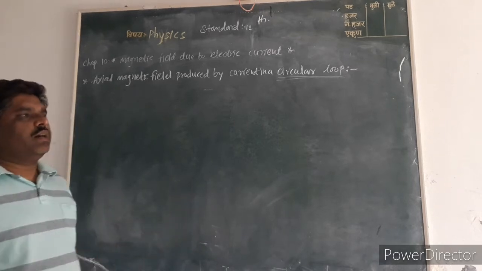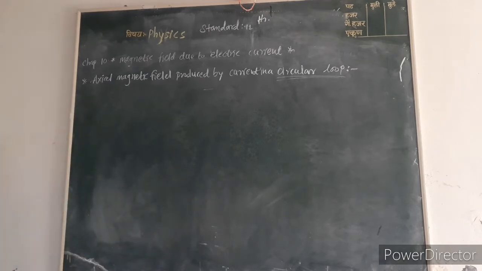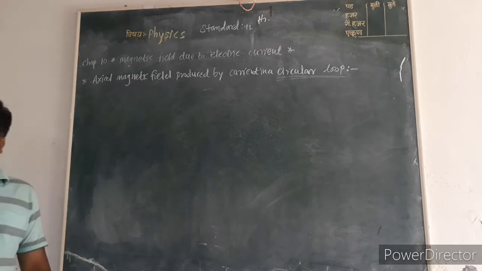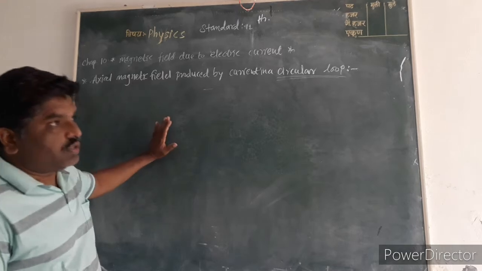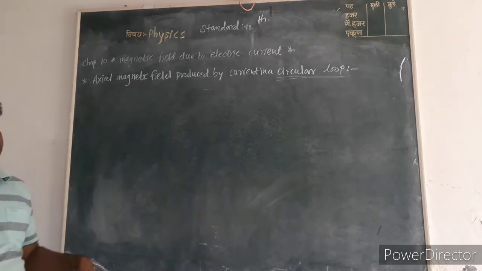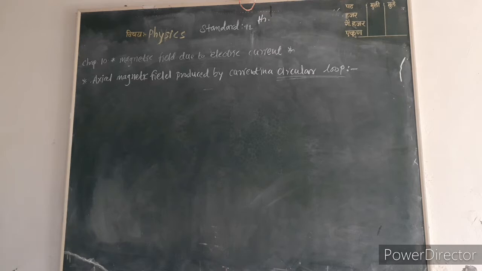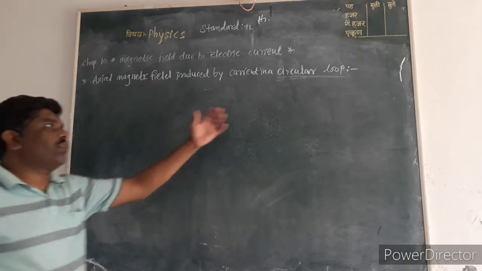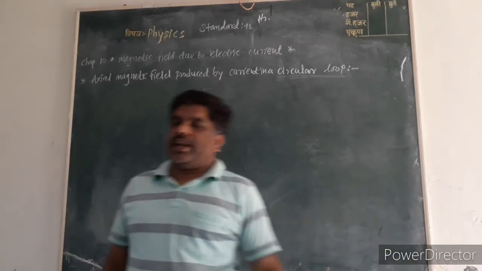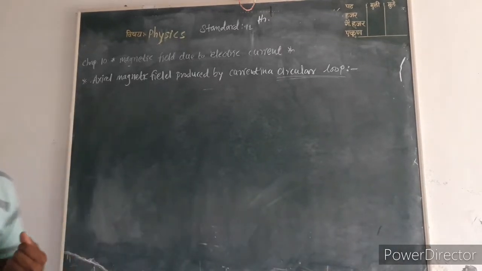We consider any point along an axis and find the magnetic field at that point produced by this coil or circular loop carrying a steady current.